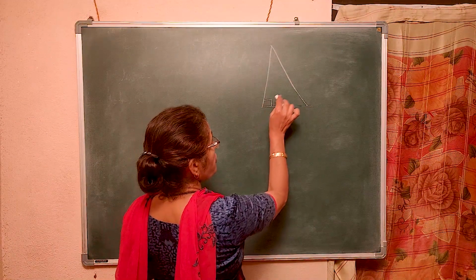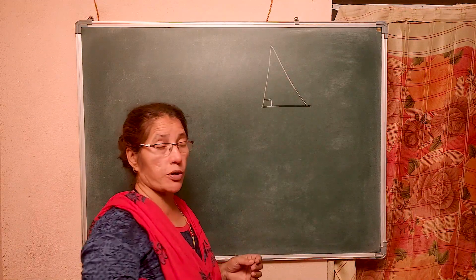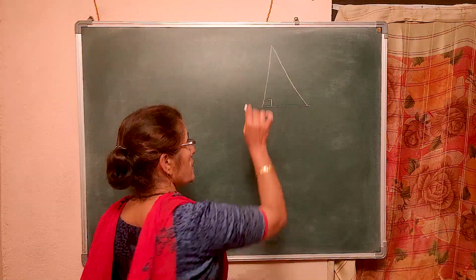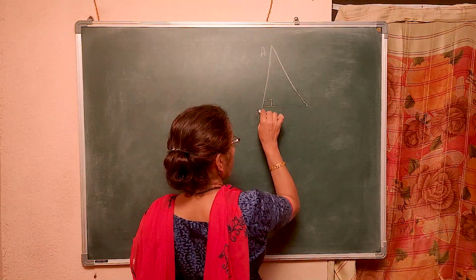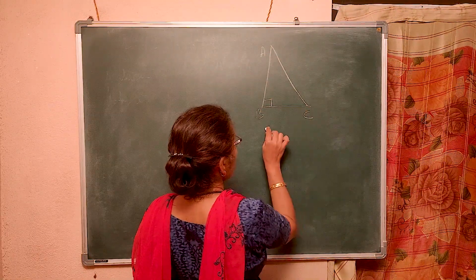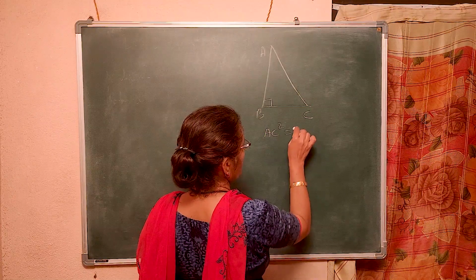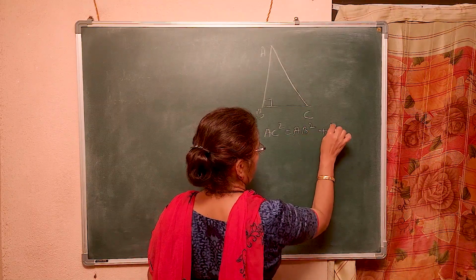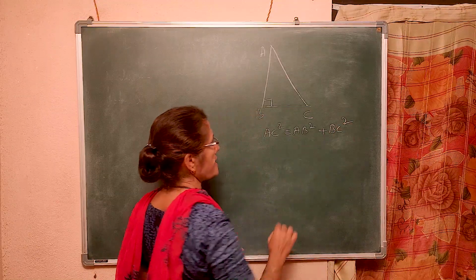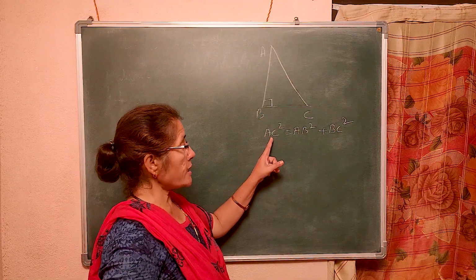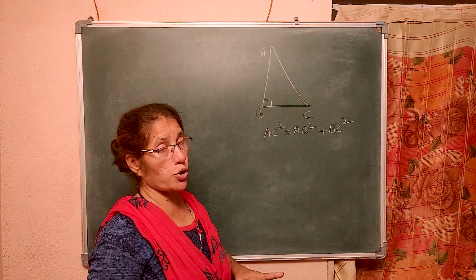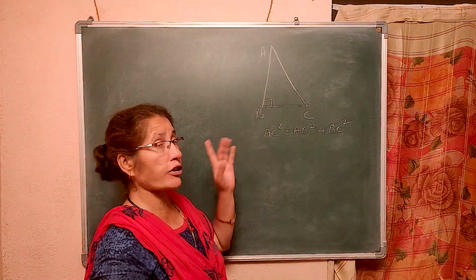The side opposite to 90 degrees is called the hypotenuse, and that is the longest side. So, in triangle ABC, AC square is equal to AB square plus BC square. My logic is that I want AC to be square root of 2. So, AC square I have to get as 2.